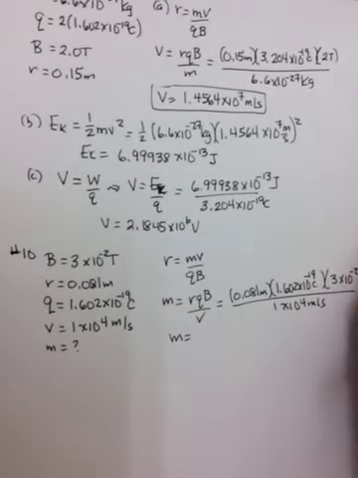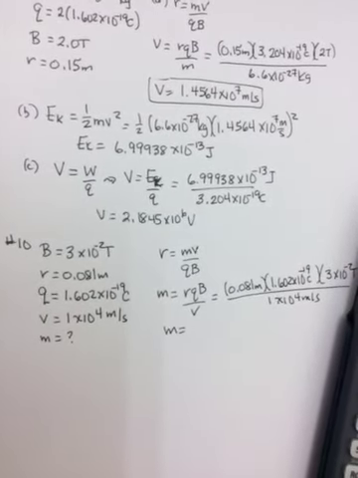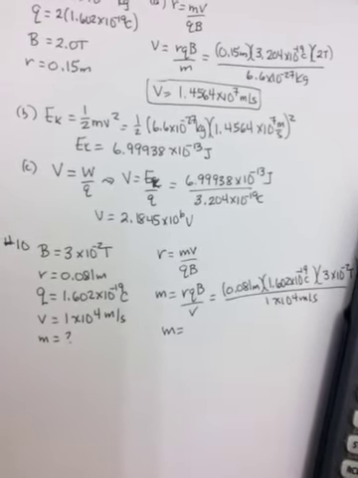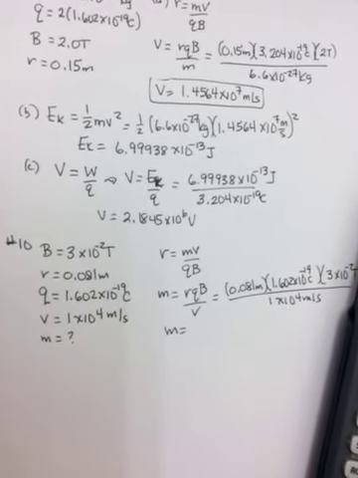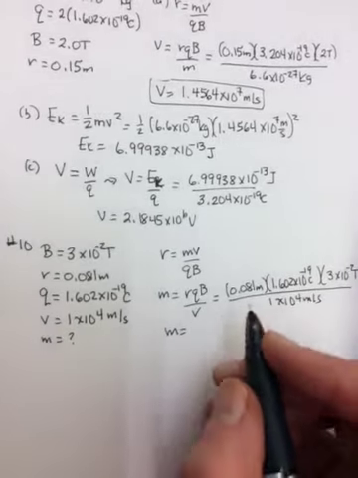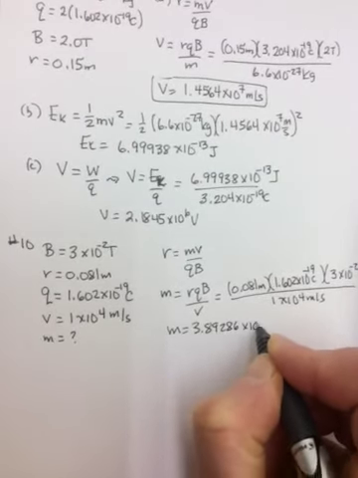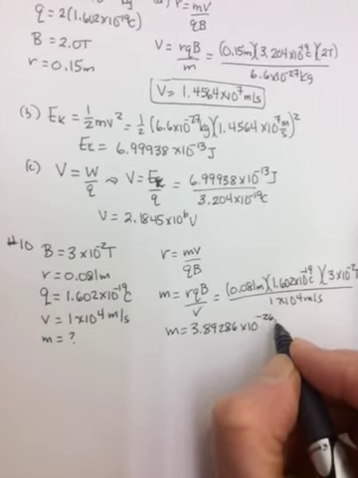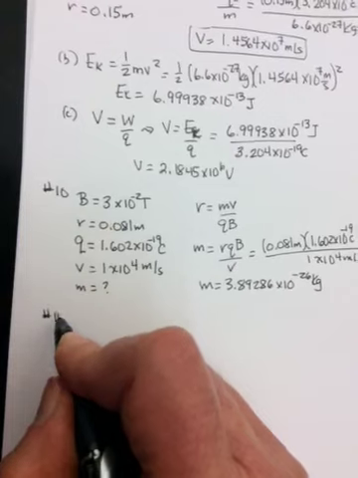Type this in: 0.081 times 1.602 times 10 to the negative 19 times 3 times 10 to the negative 2, and then divide by 1 times 10 to the fourth. And you should get 3.89286 times 10 to the negative 26 kilograms. Okay? Number 10. Number 11.